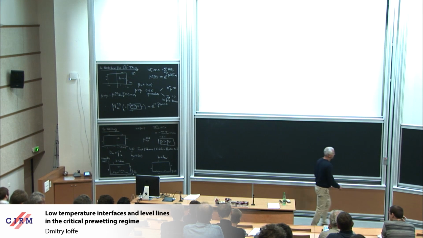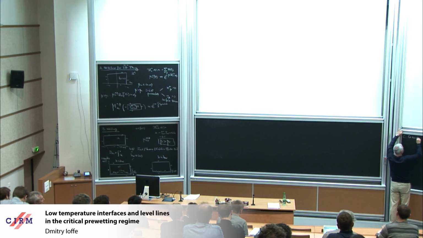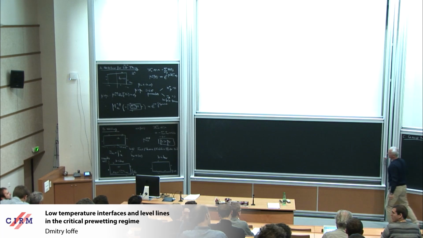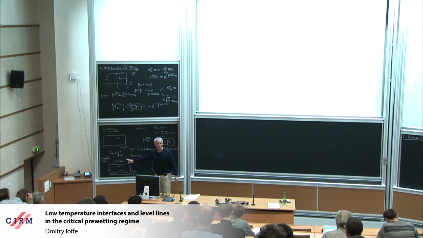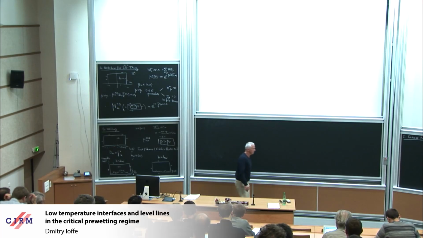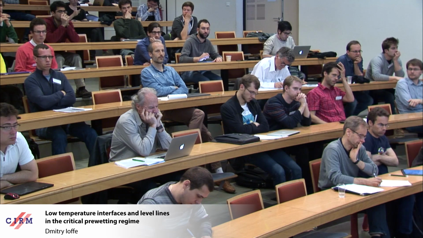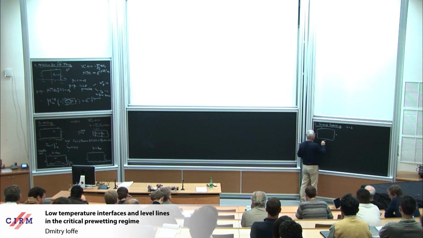Okay, so now let me tell you about critical prewetting. You see, I'm taking h larger than h_W, it doesn't matter, for the rest I'll take h equals 1. Okay, so here's the picture. Again, plus, plus, plus, minus.